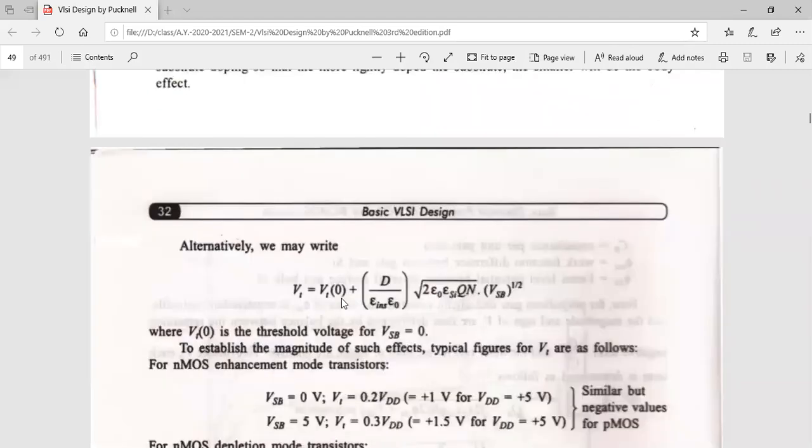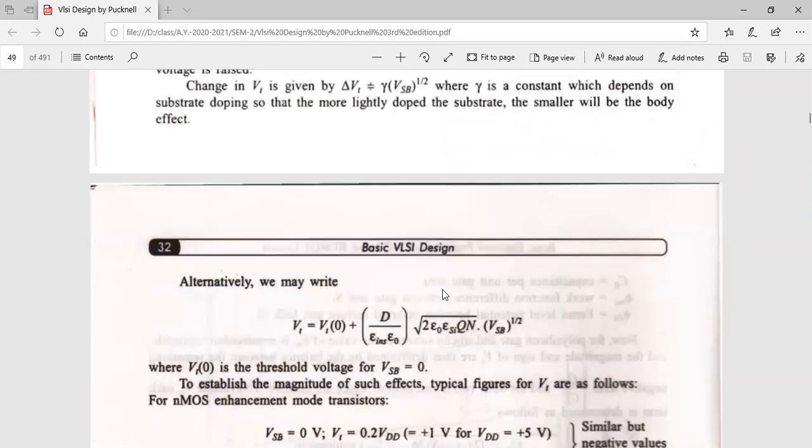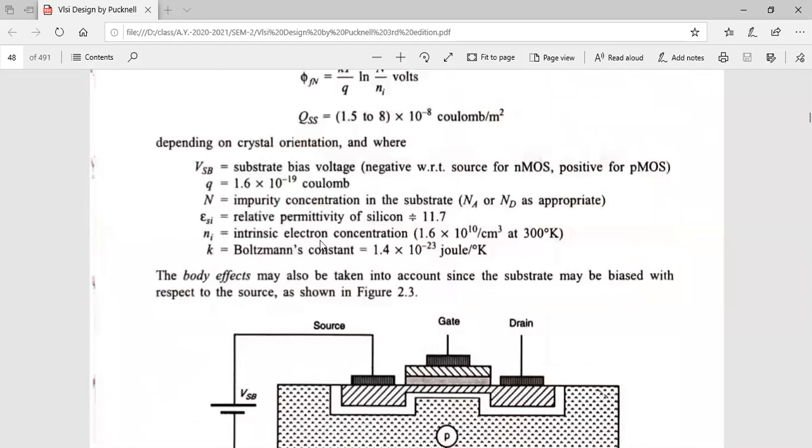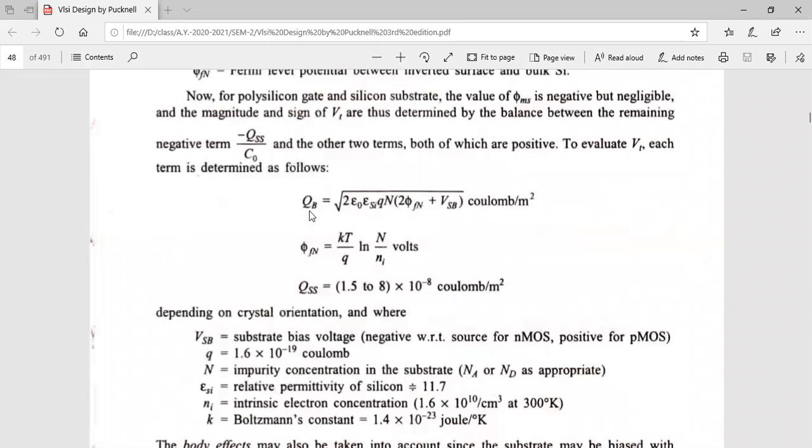So you can see the threshold voltage. We have an equation for VT, and in that we have different parameters such as QSS, QFN, sorry, QB, and phi FN, and many more parameters, right?